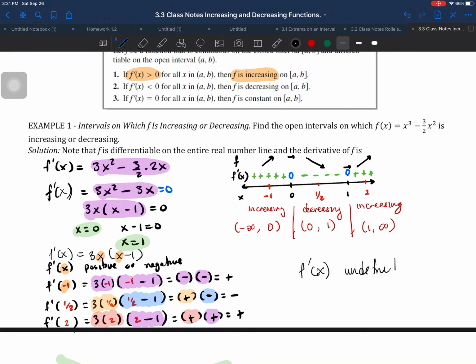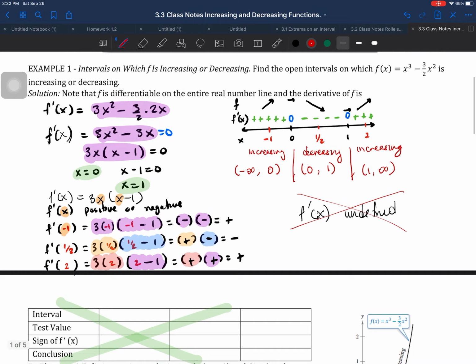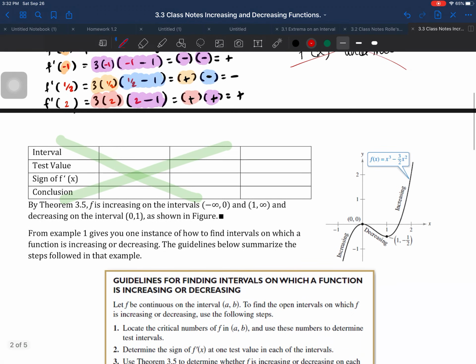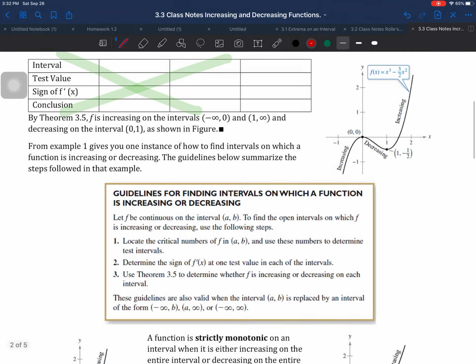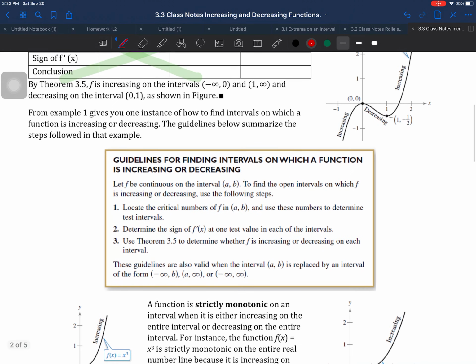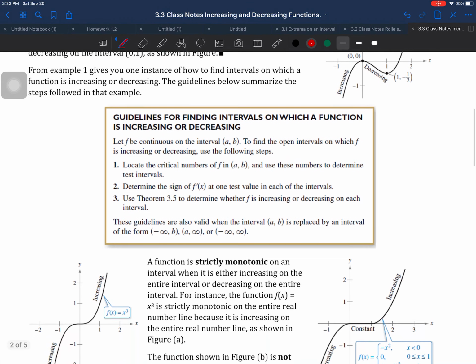But in this case, it was not needed because this derivative is a polynomial, and polynomials are always defined. So we didn't have to use it, but we have to consider it. In the future, we're always going to consider this as well when we're looking for critical numbers, and we'll have an example like that in a second.